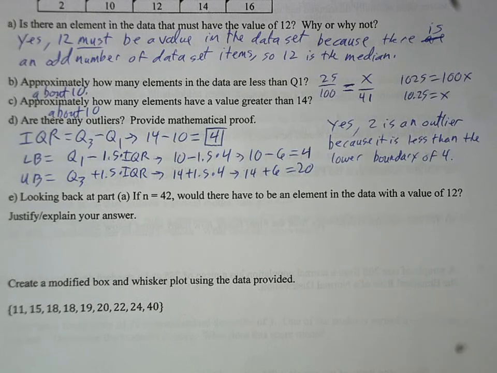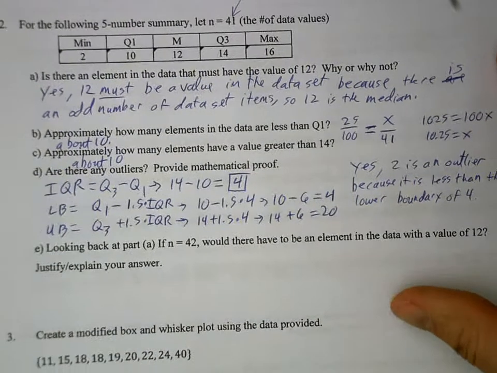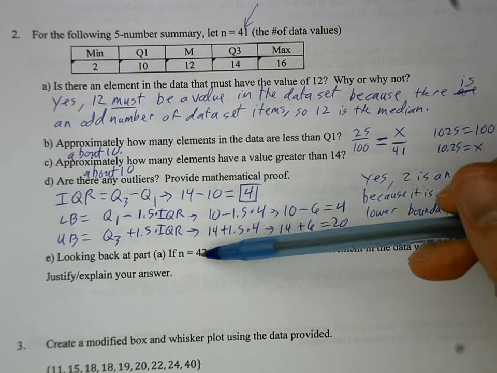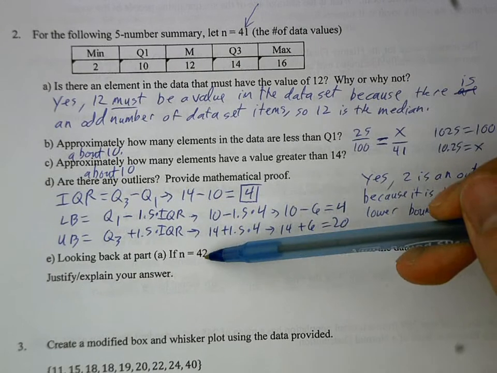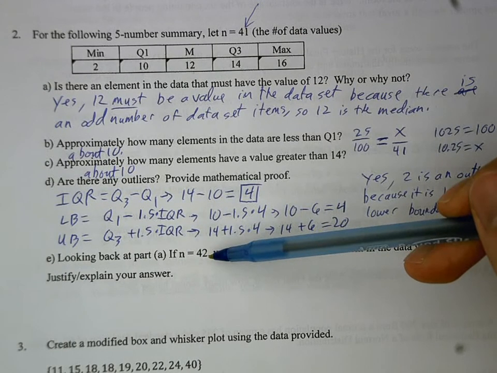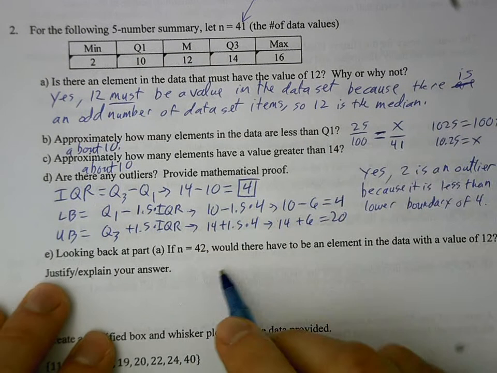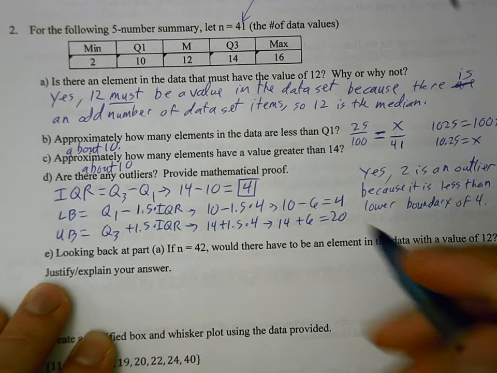They want to make sure that you didn't just, again, on part A, get a lucky guess. So what did they change, though? Right? And does that change our answer? Yes, it does, because this is even. Does that make sense to everybody? So you're going to say, would that be still an element with a value of 12?